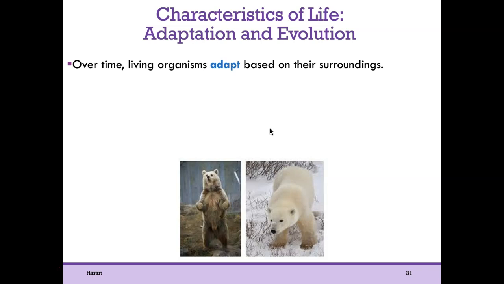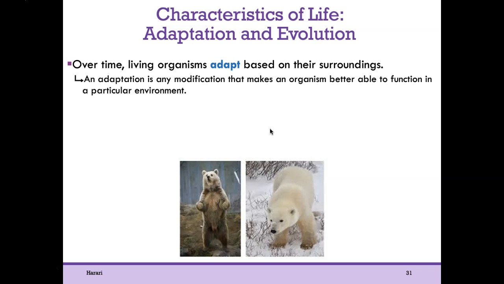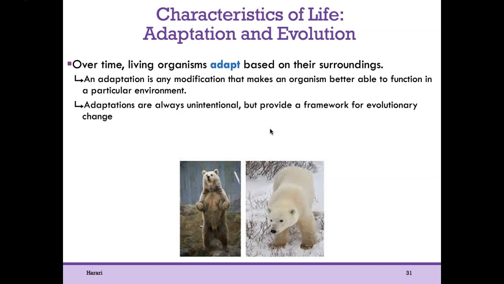Over time, populations of organisms adapt based on their surroundings. An adaptation is a modification, a change that makes an organism better able to function in a certain environment. An adaptation is always unintentional, but adaptations provide a framework for evolutionary change.